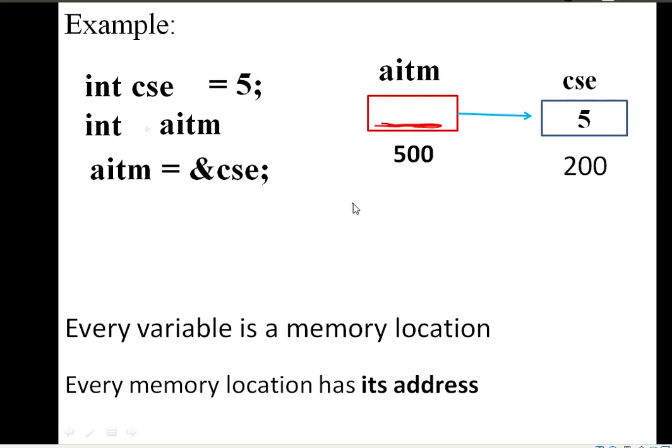The address of another variable, that is CSE. The address is 200. What is the job of a pointer? A pointer stores the address of another variable. The address is 200, and 200 is going to be stored in this pointer variable. So this is called the pointer concept.